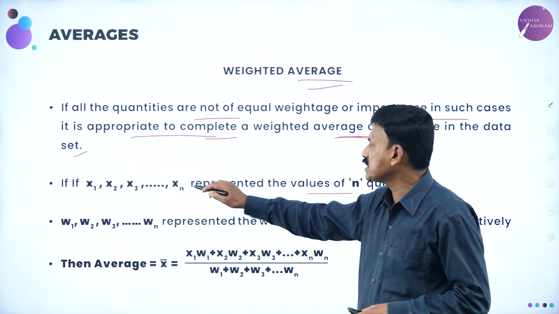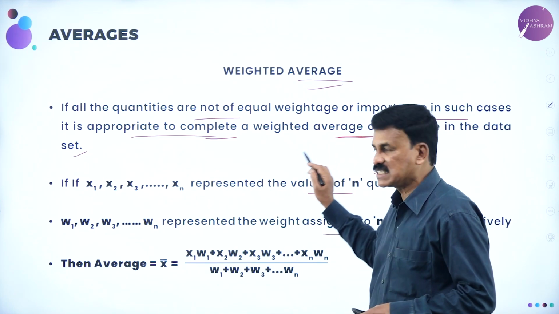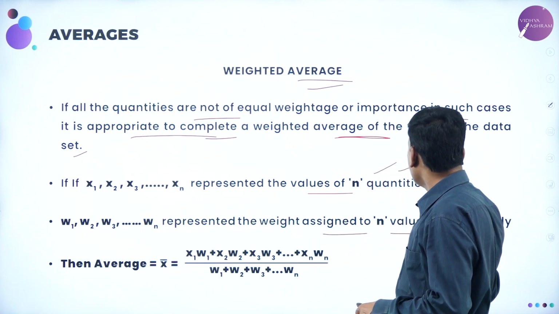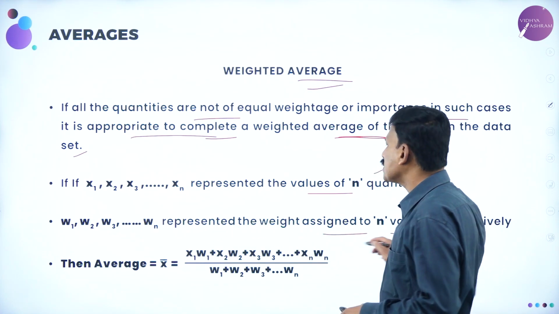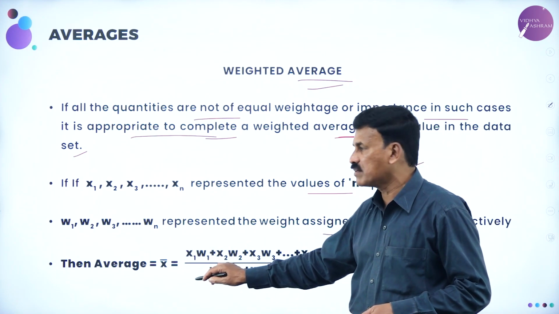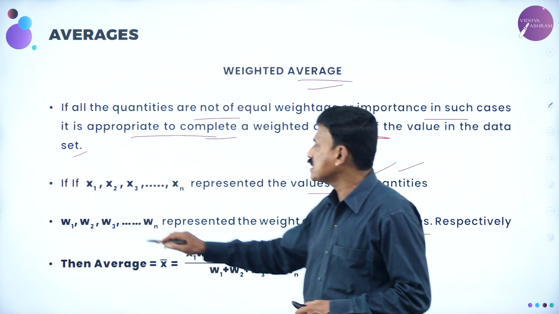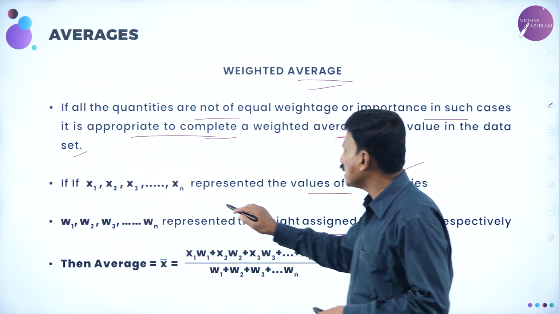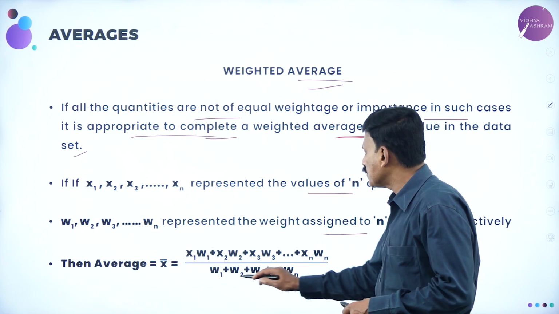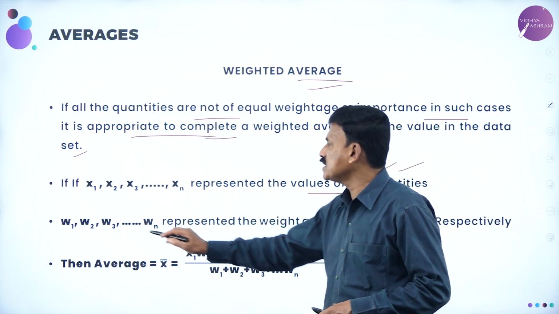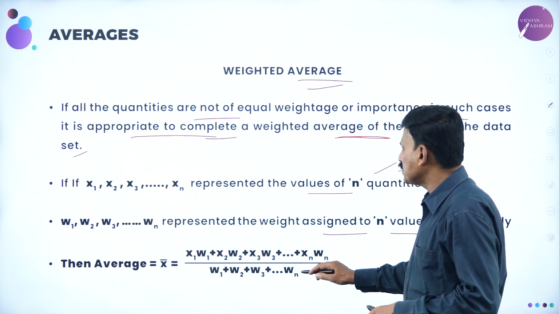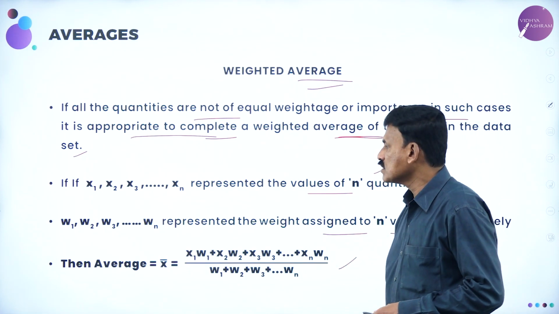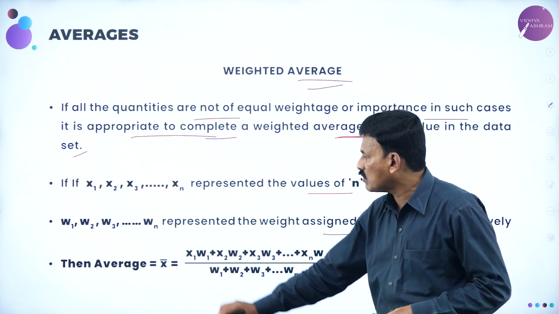Then the average x bar is given by just multiplying each: x1 w1 plus x2 w2 plus x3 w3 etc. xn wn divided by the total weightage, that is w1 plus w2 plus w3 etc. wn. This is the formula which we are going to use to solve the problems on the weighted average.